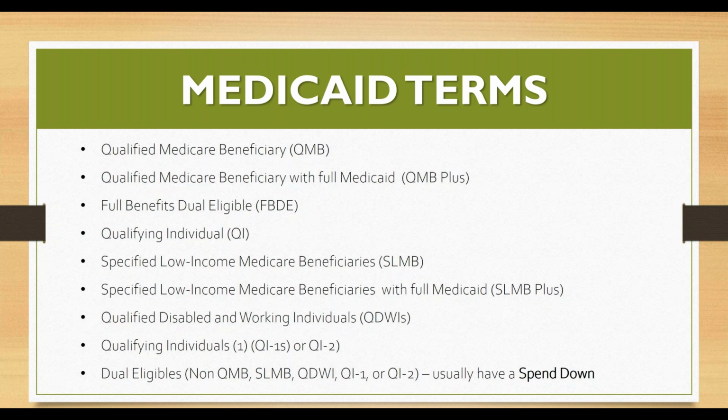All these other statuses may have some level of cost share associated with them. But those that will get literally everything at zero cost are the qualified Medicare beneficiary with full Medicaid or the specified low-income beneficiary with full Medicaid. Both cases are referred to as either QMB plus or SLMB plus.